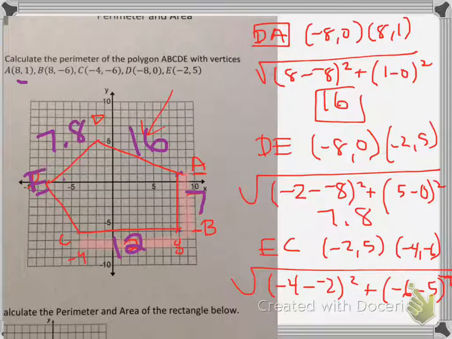I'm off my page on my iPad here, so it won't let me put that squared term up there. But make sure you put it in your calculator. So -4 minus -2 squared plus -6 minus 5 squared, all underneath the square root. When I do that, my calculator gives me 5 square roots of 5, which comes out as a decimal number, let's go with 11.2 on that. So this side is 11.2.